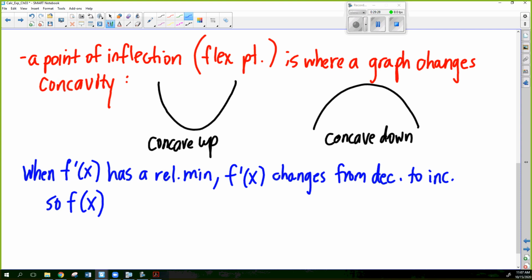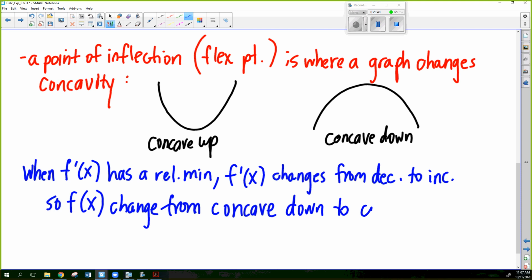If f prime changes from decreasing to increasing, then f would have to change from concave down to concave up.